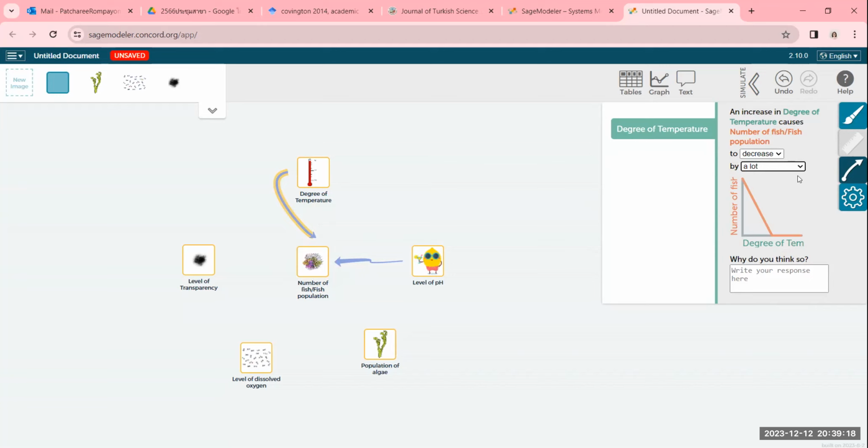So if it's a lot, the graph will be like that, which means that no fish survive at the end of a certain temperature. The water is boiling. It decreases more and more. It's still like that. So then we choose a lot, right? Yeah, a lot. Okay.